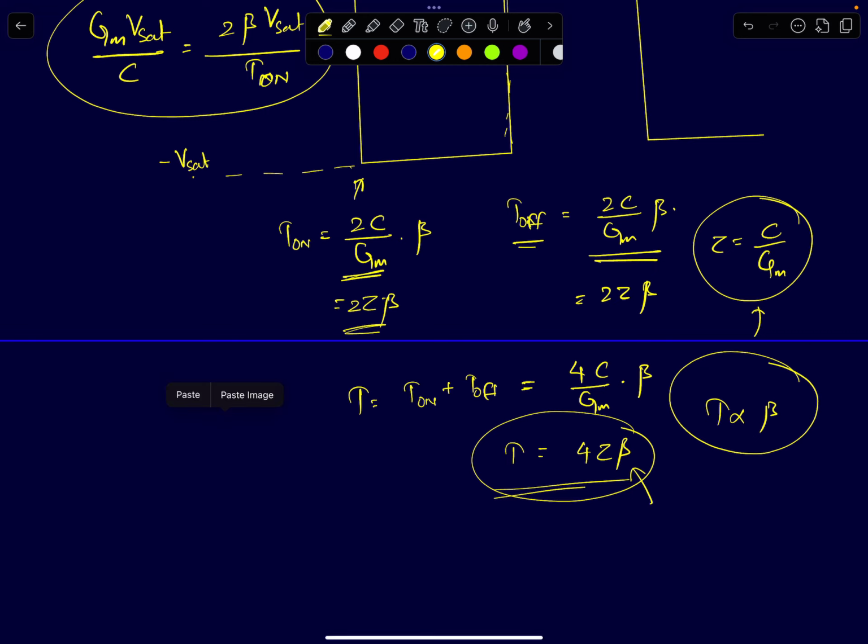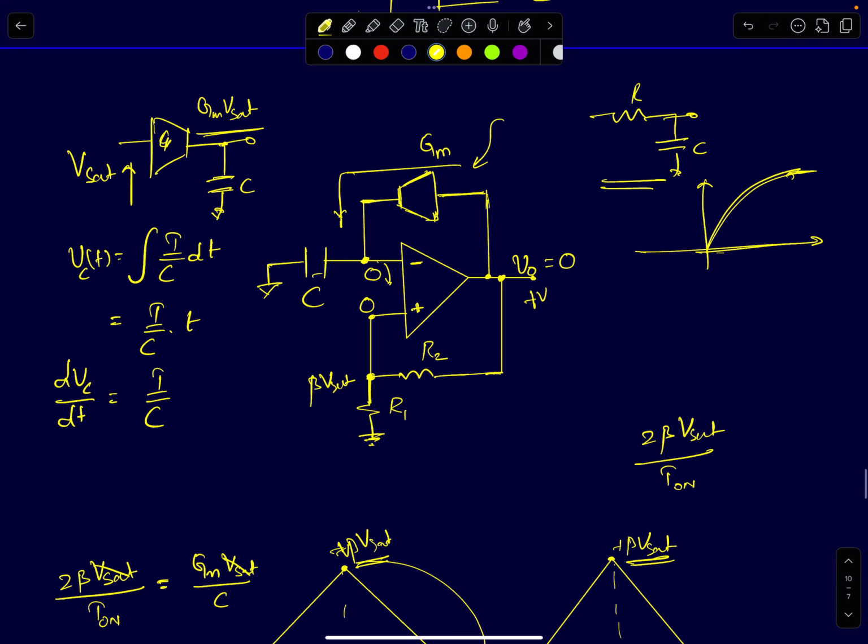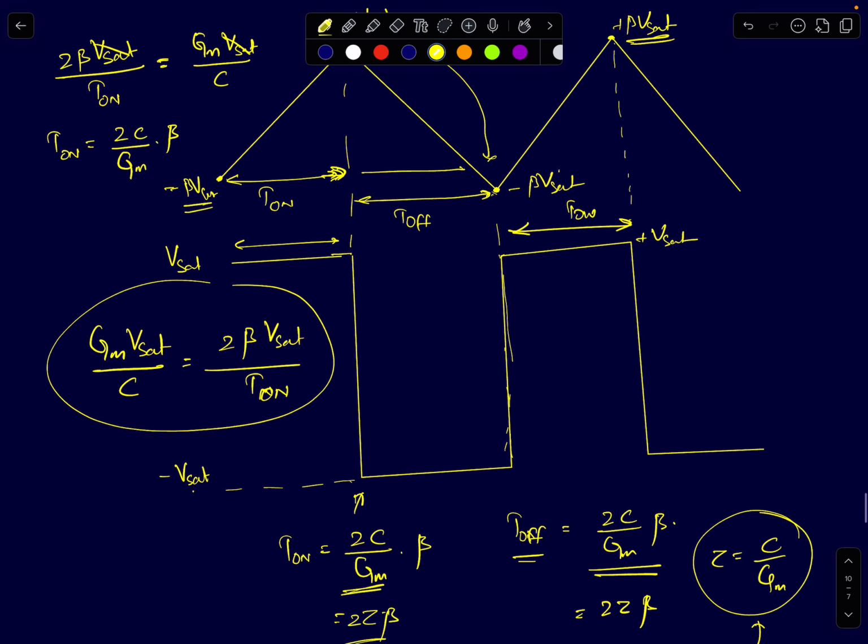So I just wanted to discuss this circuit here. This circuit also has negative feedback, and I just told you what the steady state negative feedback DC operating point is. And if you observe the output waveform, because your on and off times are the same, the average value will be 0, and that will exactly match your DC operating point.